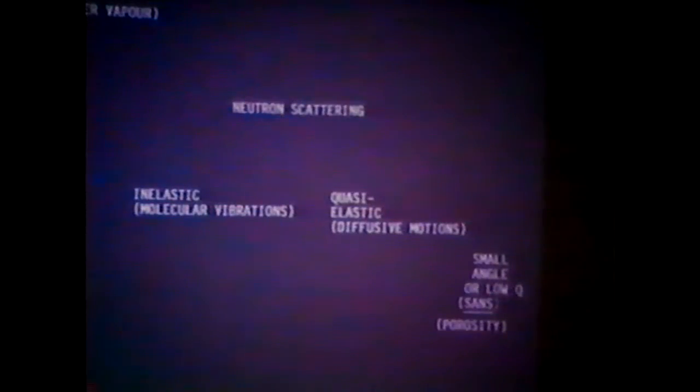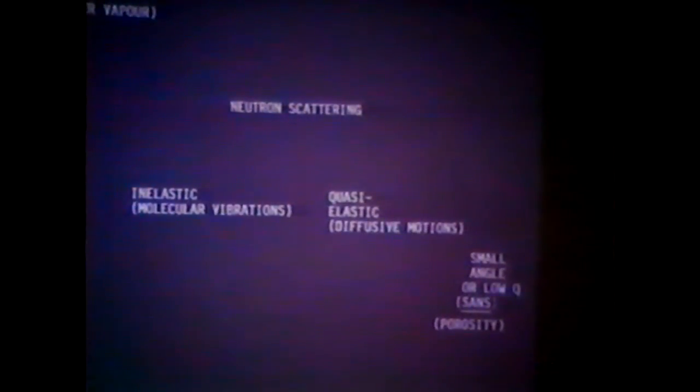John Ramsey later will talk on the quasi-elastic side, and then perhaps of some interest to the porosity people here, as I call them, the low Q, or small angle neutron scattering. So that's the broad scene.